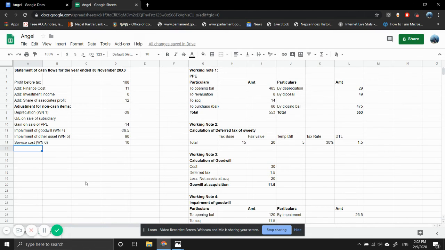So financial asset, profit on sale of financial asset. What I'll do is just put it over here. Gain on sale of financial asset.